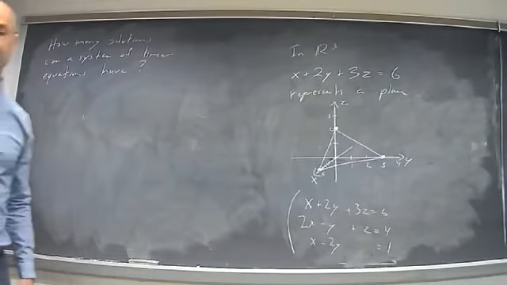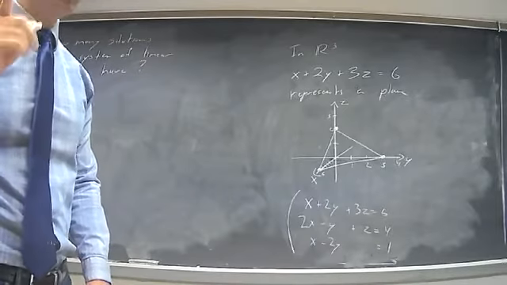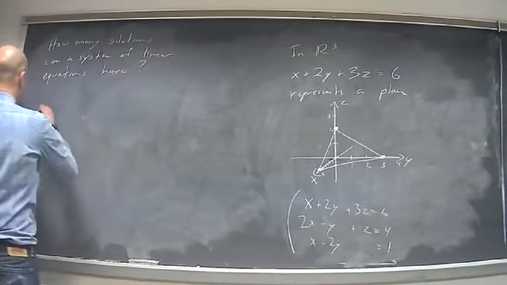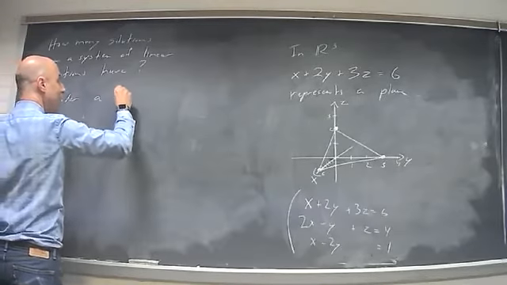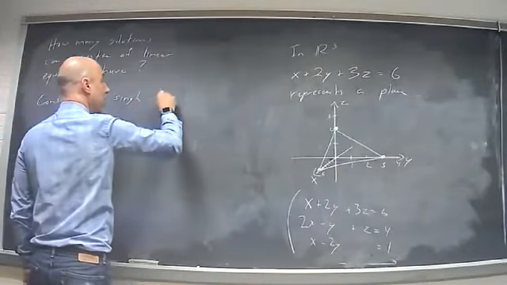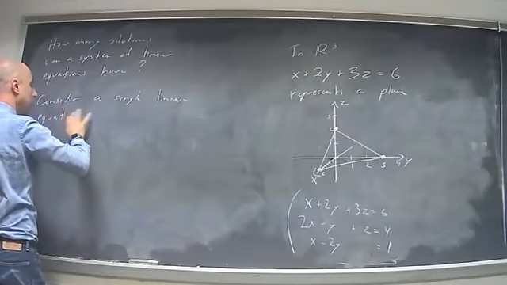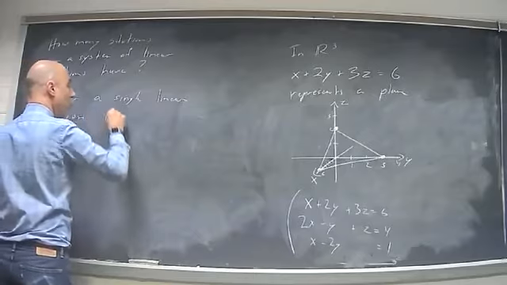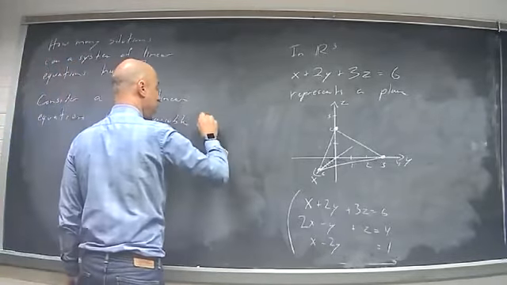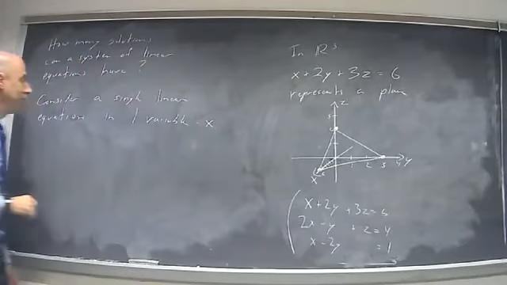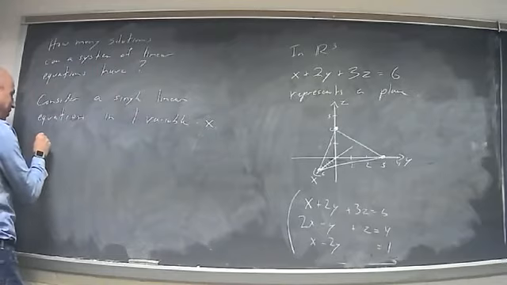And actually, you can see all the different possibilities with just one linear equation and one unknown. So consider a single linear equation in one variable. Let's call it x. Let's talk about some possibilities.